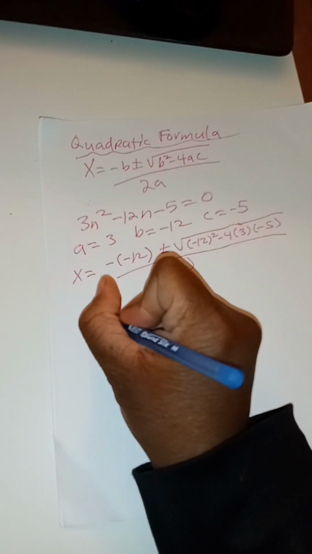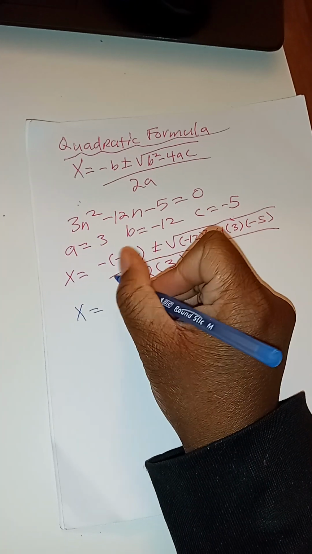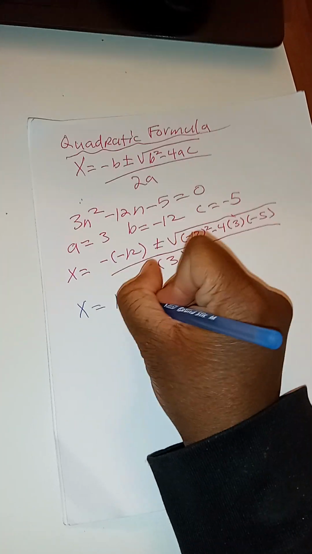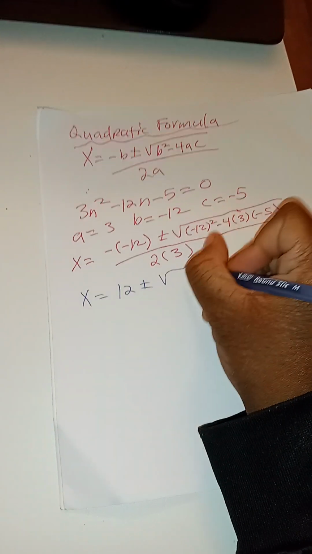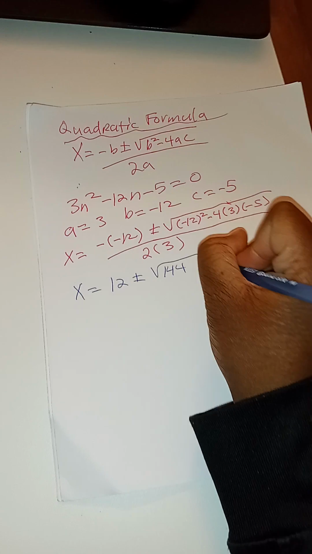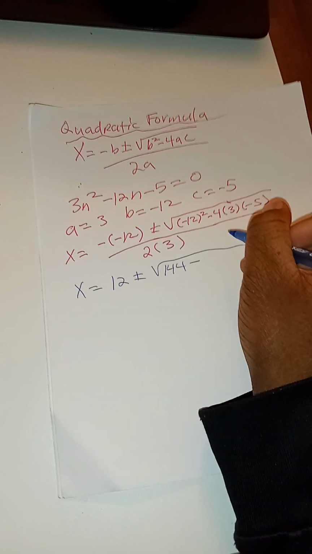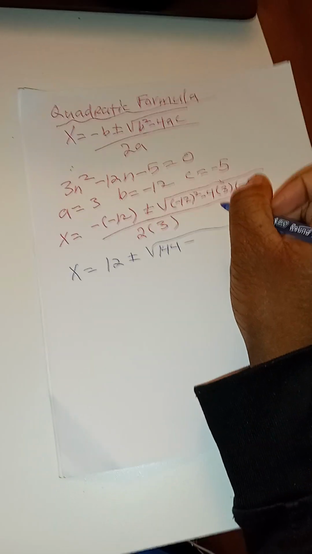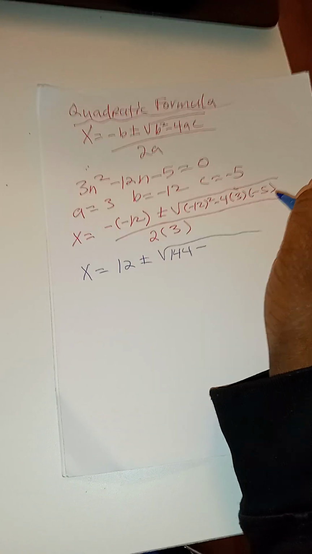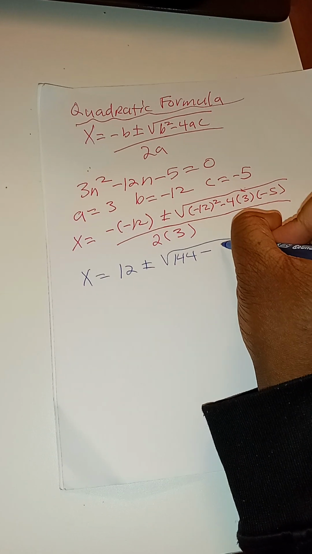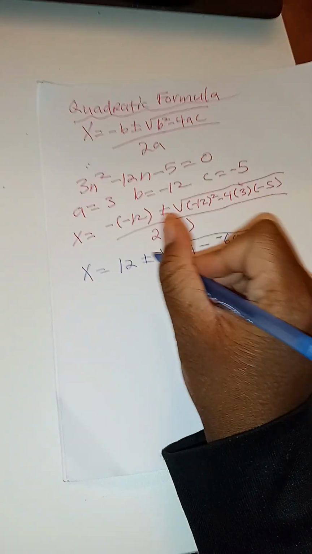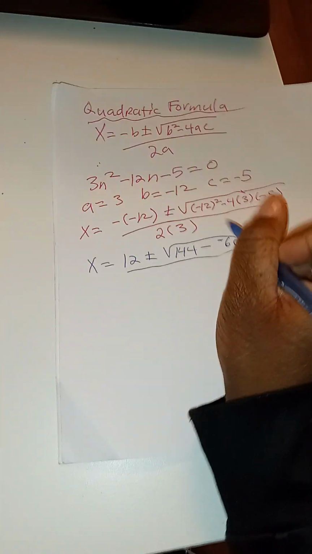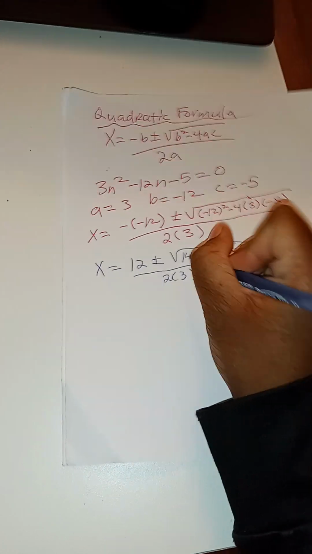So now we're going to have x is equal to negative of a negative 12, which is 12, plus or minus the square root of negative 12 squared, which is 144, minus 4 times 3 times negative 5, which is minus 60, because 4 times 3 is 12, times negative 5 is negative 60. So 144 minus a negative 60 under the square root, divided by 2 times 3.